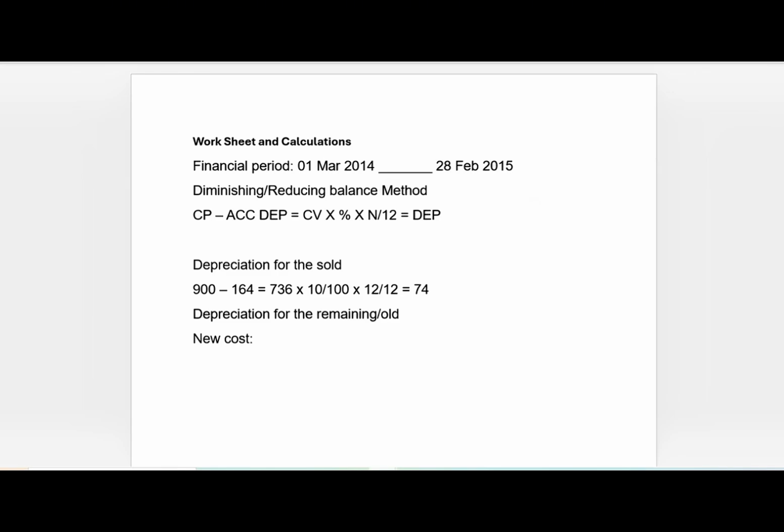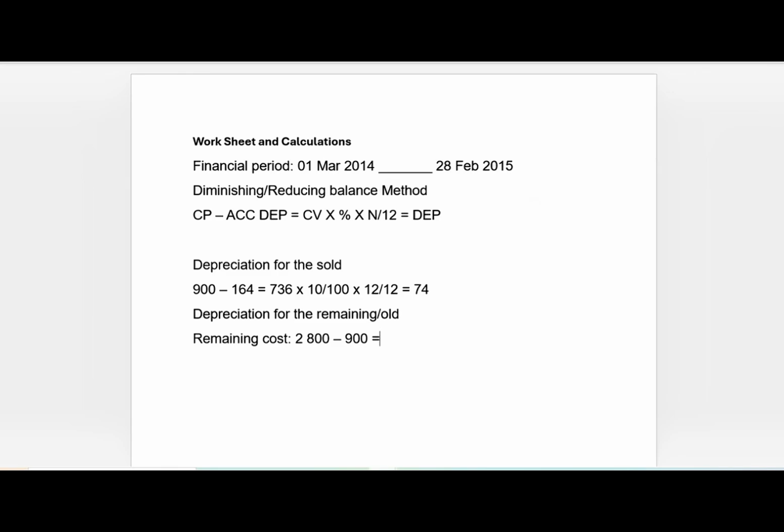Let me just call it the remaining cost, not new cost, so that it does not confuse people, because after selling, we are remaining with a different cost. So the remaining cost is going to be the old cost of 2,800 minus the 900 of the sold cost.